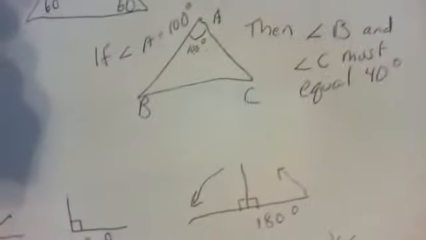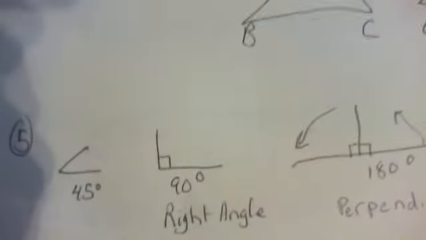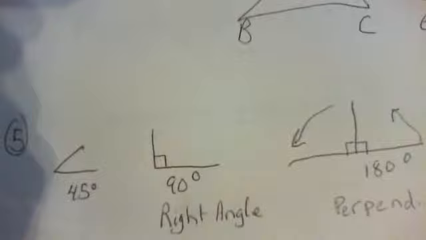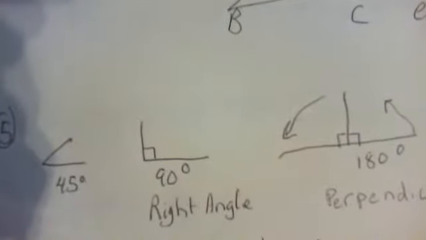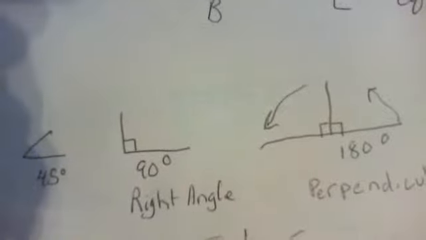And you will be seeing math problems that involve this concept. So you do have to know that all triangles must add up to 180 degrees. We do need to know that this is a 45-degree angle, which is half of a right angle. We know that this is a right angle, which is 90 degrees, when you see the little box.